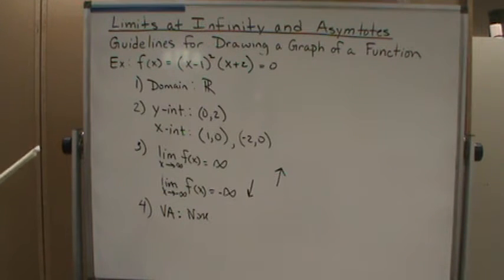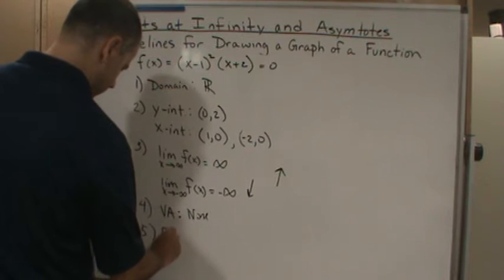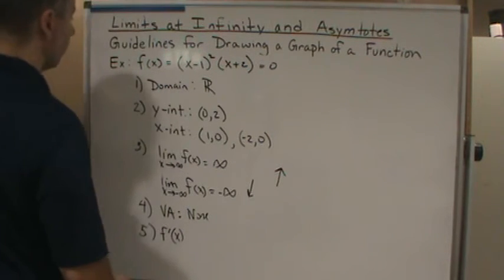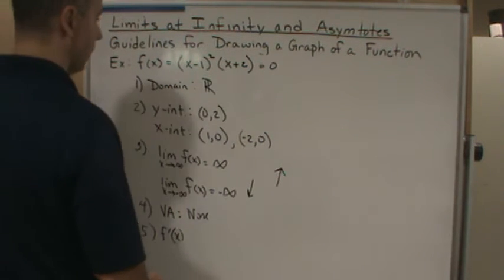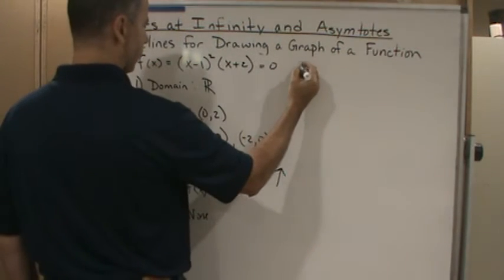And now we're going to look at the first derivative, step 5. This is where I'm going to expand it out instead of using the product rule.